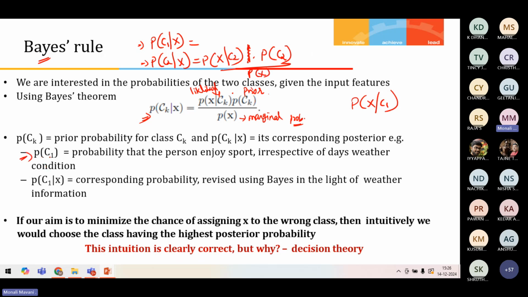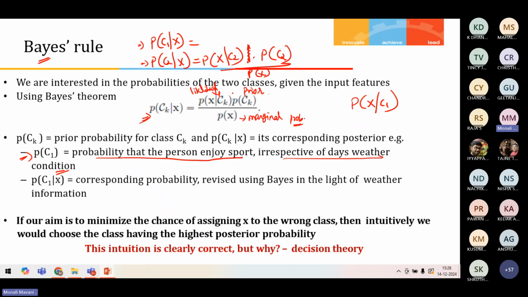For every class there is a prior. The probability that a person enjoys sport irrespective of the day's weather condition. So this is the probability that a person will always enjoy the sport. There is no X. A very sporty person doesn't care about the weather, but he will always enjoy the sport. So that is known as a prior, without the existence of the features.